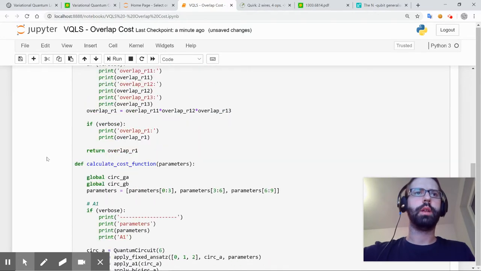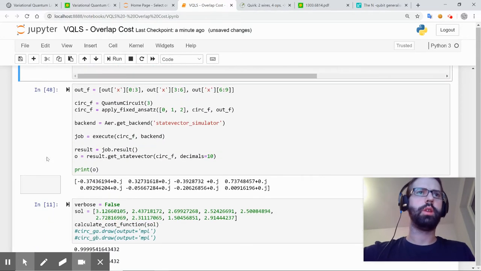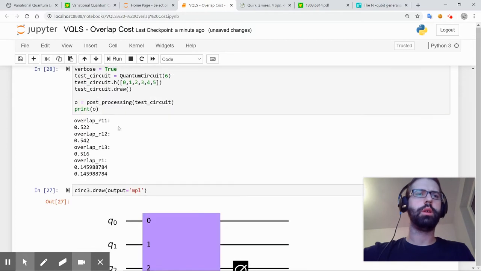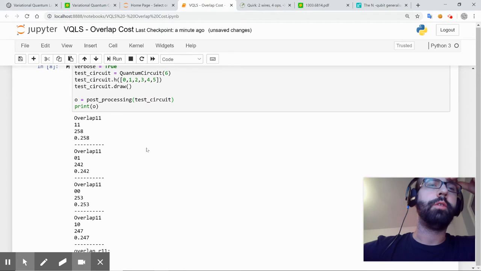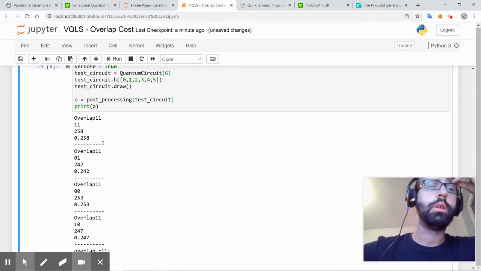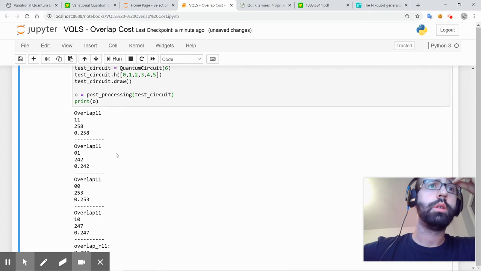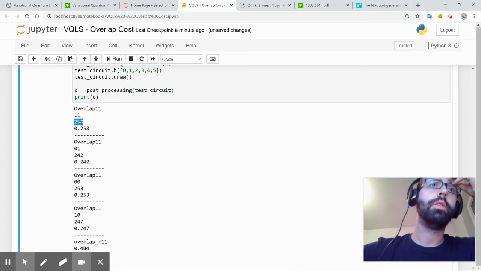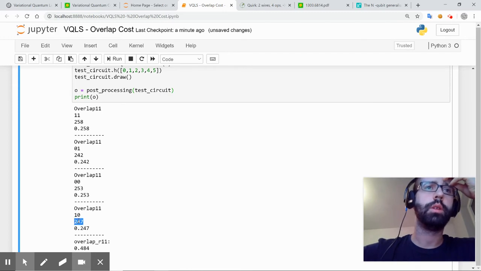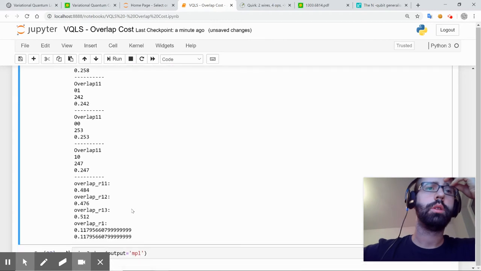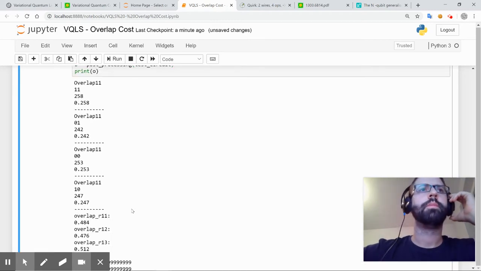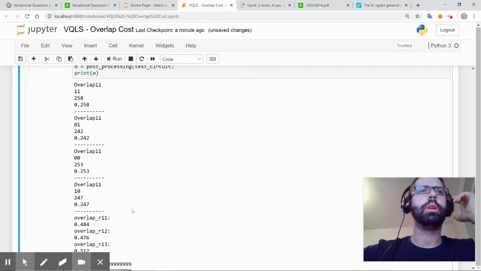Good. So we're done here, and now we're gonna execute this part in here. It's the first overlap. It's 258, 242, 253, 200. Oh, really?